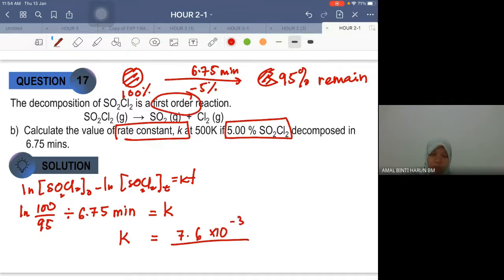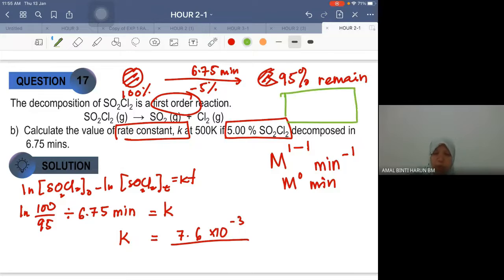Okay, dia order ke berapa? First order. Remember first order? Kita buat molarity 1 over total order. First order. Per masa dia apa? Dalam minit. Per minit. So 1 power of 0 per minute. Okay, so ingat formula ni. 1 minus total. Kalau you tak ingat kan, contohnya you ada order ke 5 ke, you kira-kira 5th order.